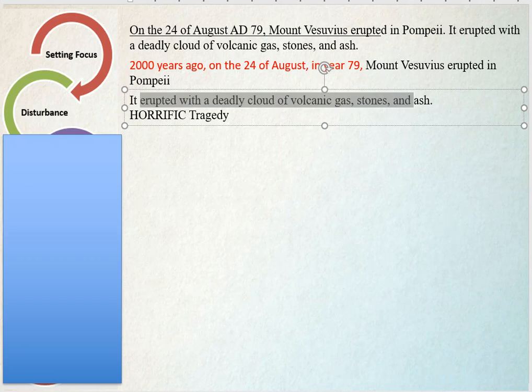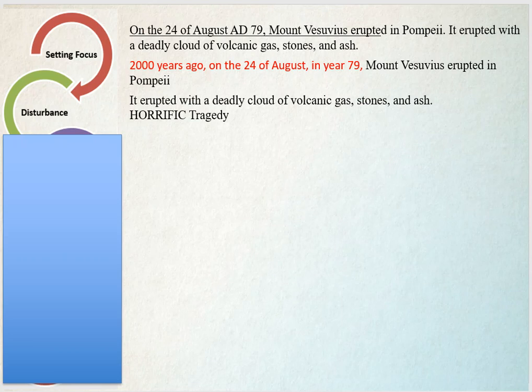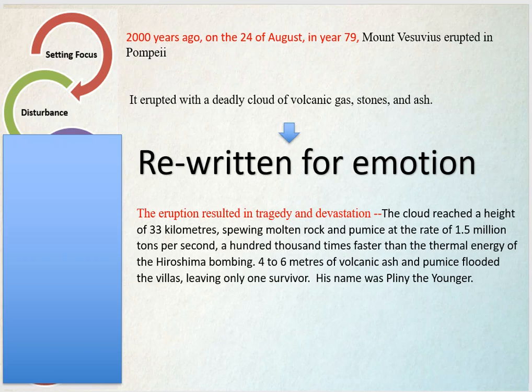What emotions do we want this text to evoke in the listeners, right? And what tools will we use? So what could she have done? She could have said, the eruption resulted in tragedy and devastation, right? So 2,000 years ago, Mount Vesuvius erupted. And instead of saying it erupted with a deadly cloud, she could have continued with the emotion of what?